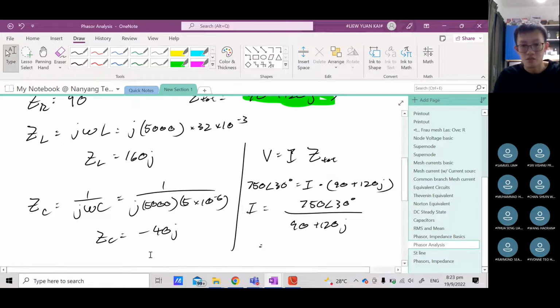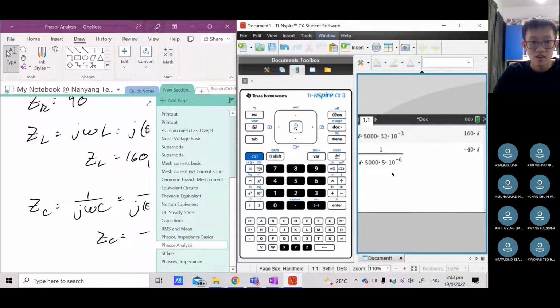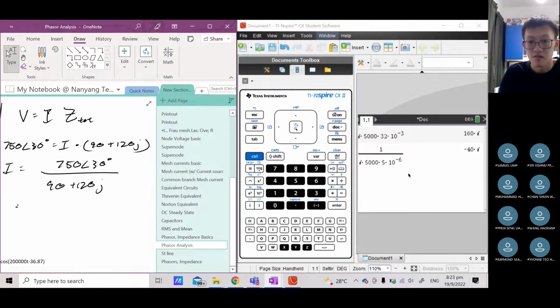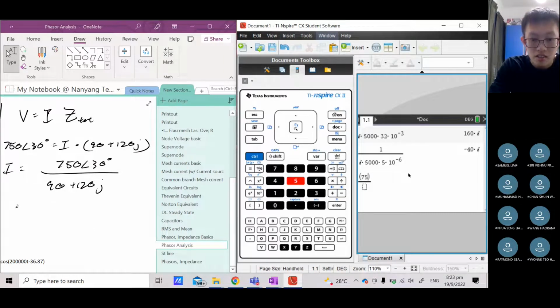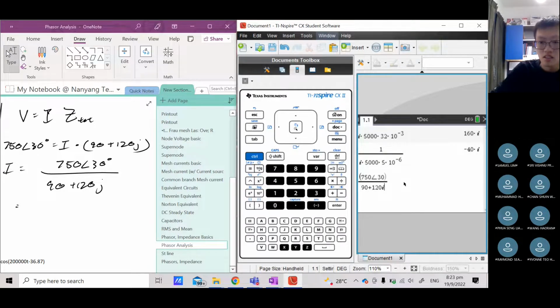Okay, so let us calculate this answer. This is what I want to find out. 750 at an angle of 30 degrees divided by 90 plus 120J. We compute this, but this is in rectangular form.